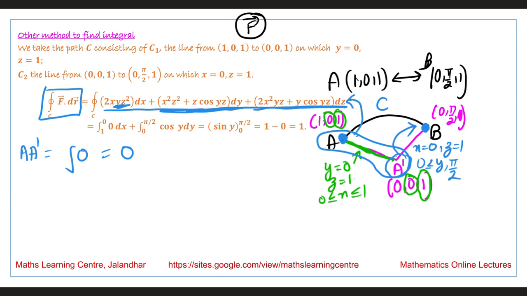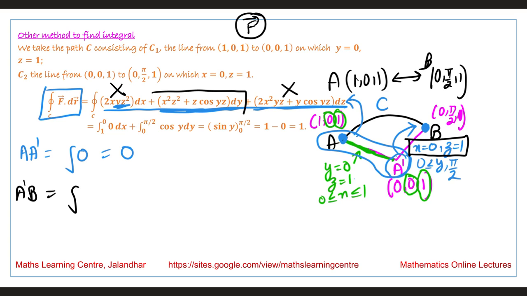And then we are moving from A dash to B. When we are moving from A dash to B, x is 0 and z is 1. It means in this first term there is no change in x, dx is 0, and there is no change in z, so dz is also 0.